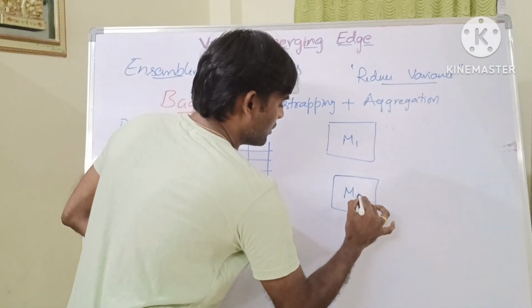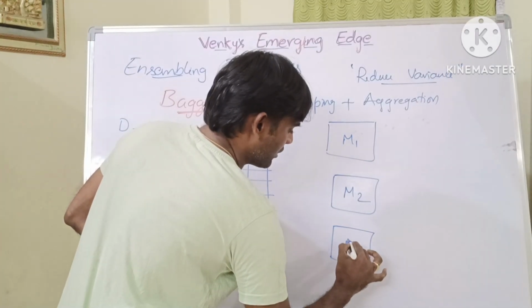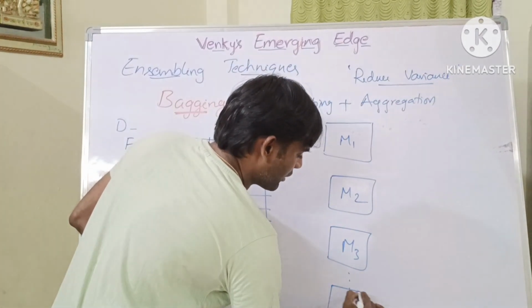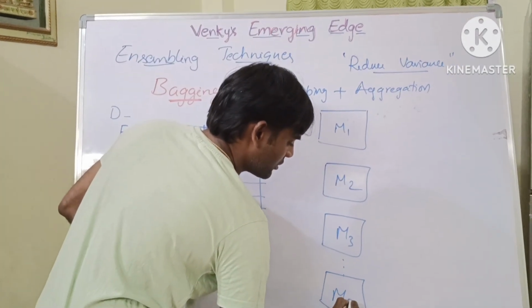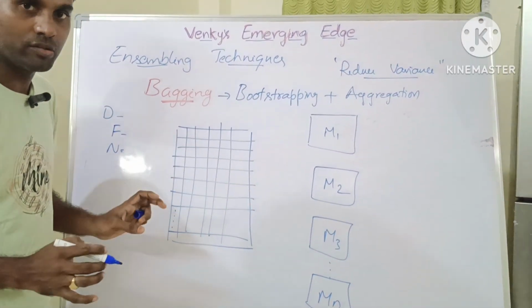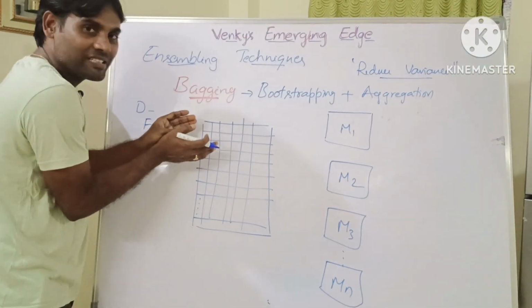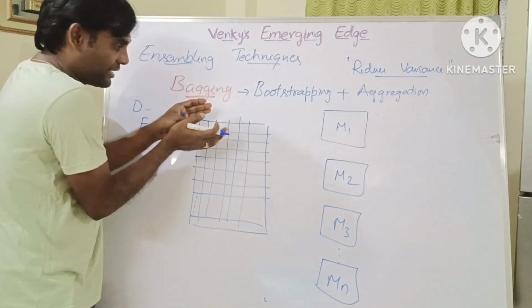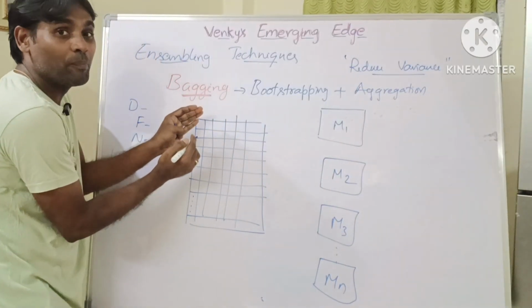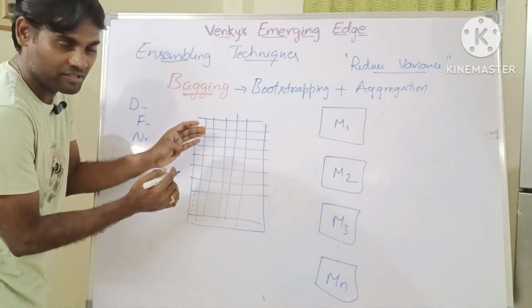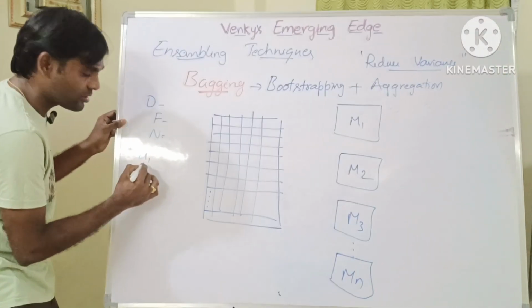D1 is one sub data set, D2 is a sub data set, D3 and so on, Dn is a sub data set. That means D1 is less than D, D2 is less than D. Is it clear? That means these all are subsets.